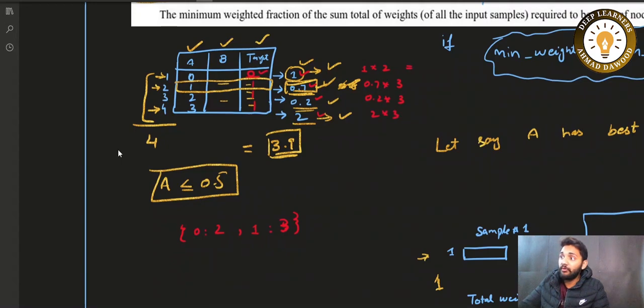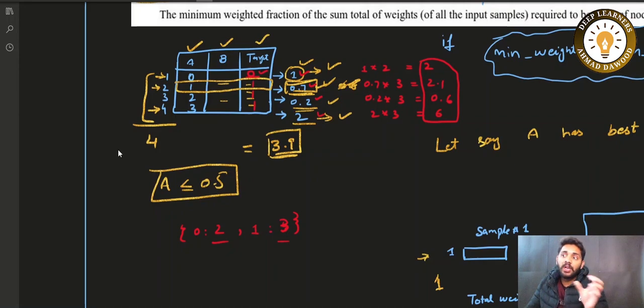Now the weights of your samples will be updated. This sample will have weight 2, this sample will have weight 2.1, this sample will have weight 0.6 and this sample will have weight 6. Okay, now you will have new weights. The reason is that you specified your sample weights during the training process, and you also specified your class weights. So class weights actually mean the same for the samples belonging to that class.